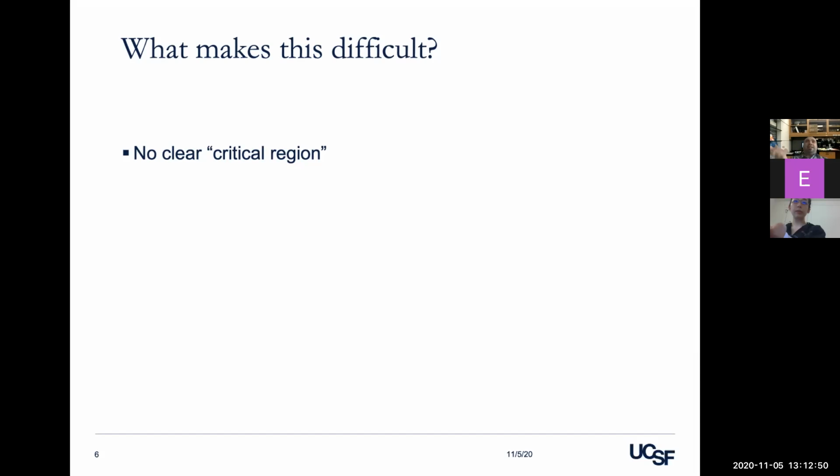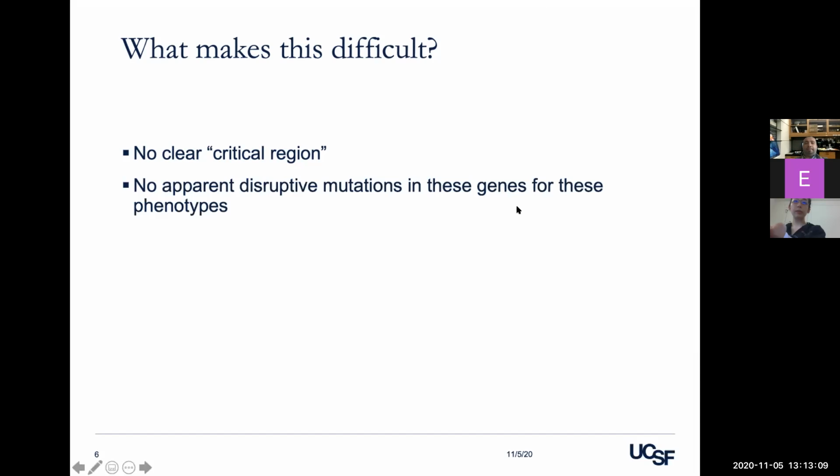So in those cases, we are able to say, okay, those two genes are important, because they seem sufficient to cause these traits. For these regions that I'm looking at, that is not something that has been found.